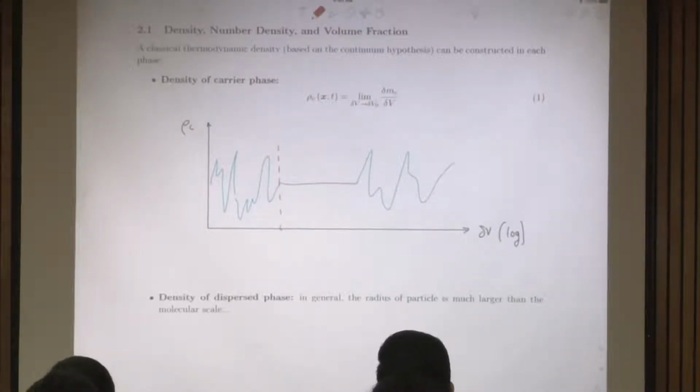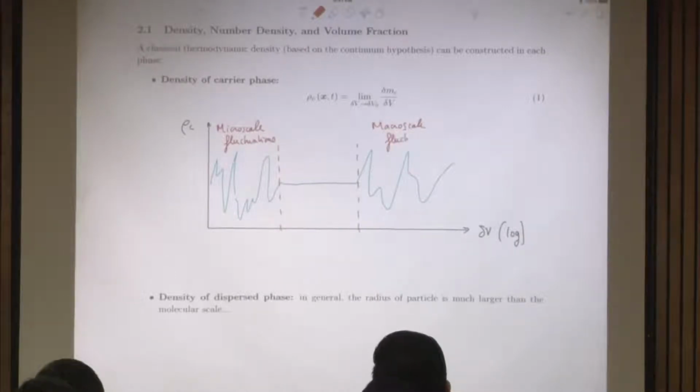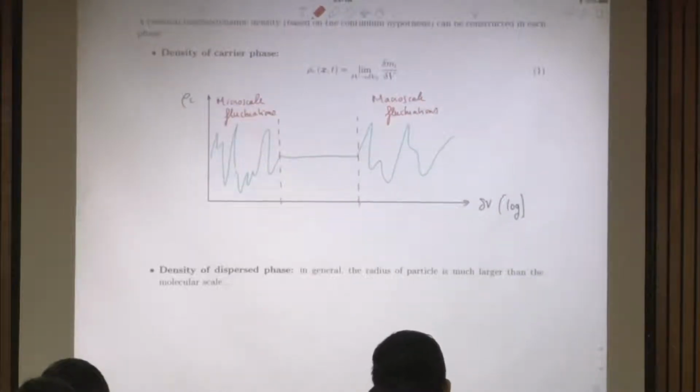The argument I'm making here is that we're going to have both microscopic or micro scale fluctuations and macro scale fluctuations, or uncertainty, if you will, which you will see once you go below essentially the characteristic length scale.